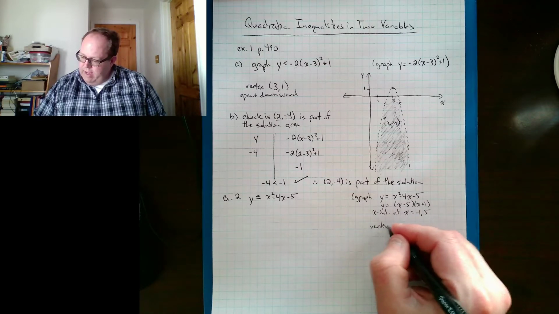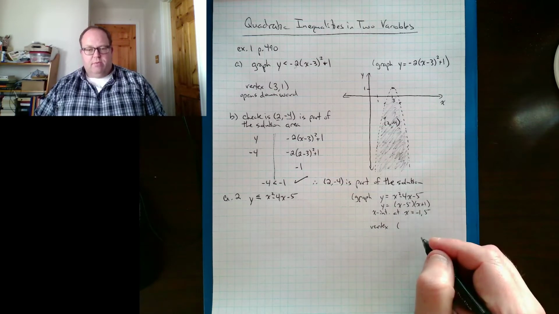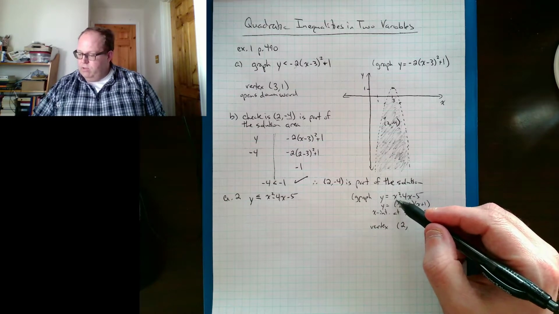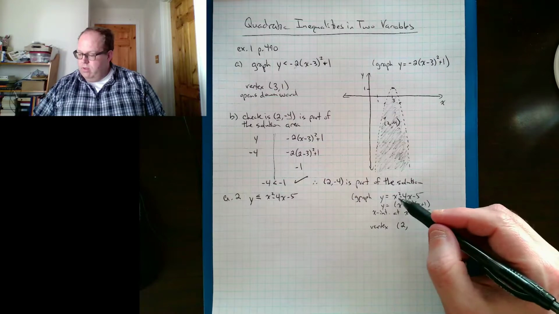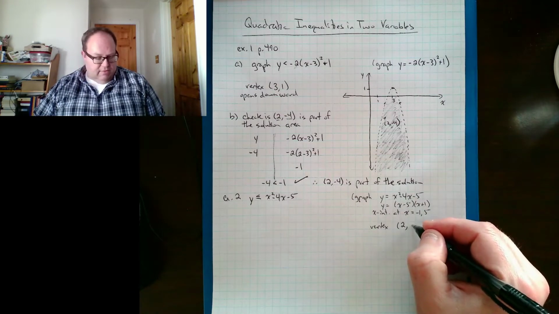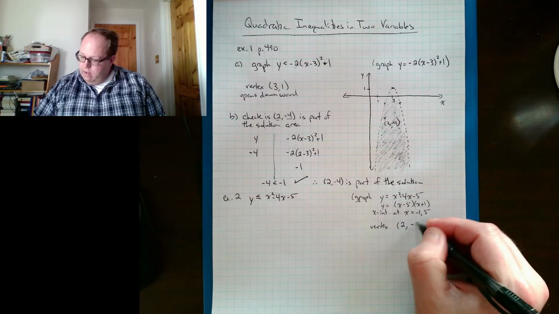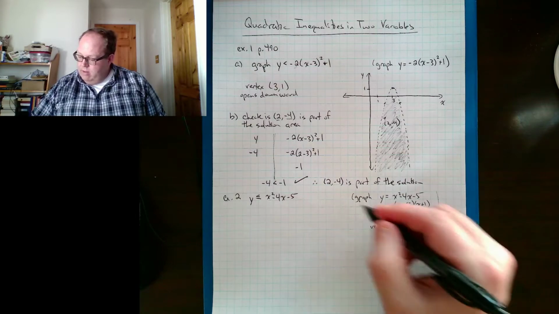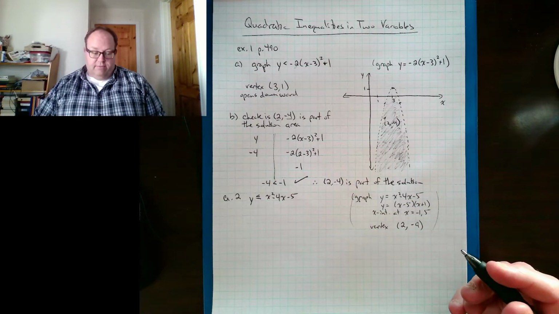Therefore, its vertex has to be at an x value halfway between those, at 2. And that would give me a y value of 2 squared, which is 4, minus 8 is negative 4, minus 5 is negative 9. So I know where my vertex is, I know where my x-intercepts are. That's enough for me to draw a graph.